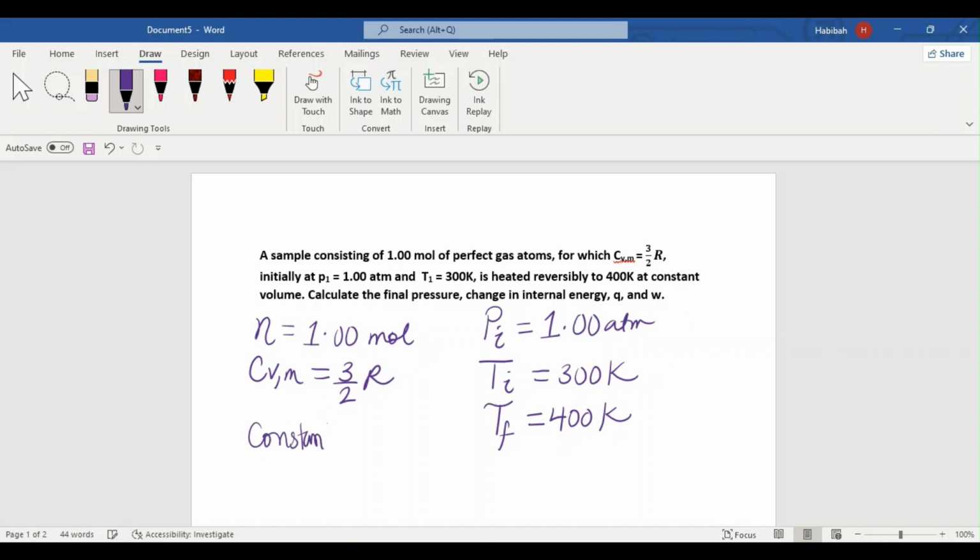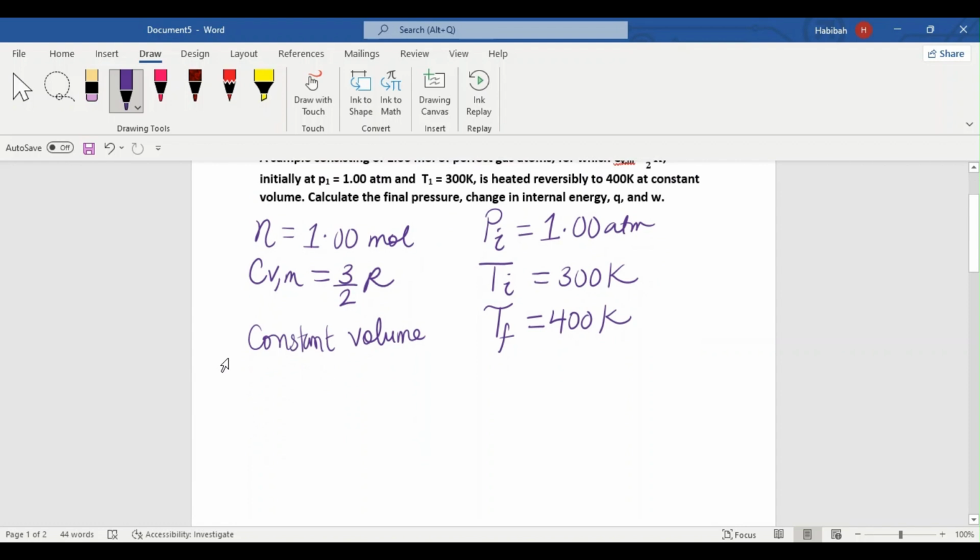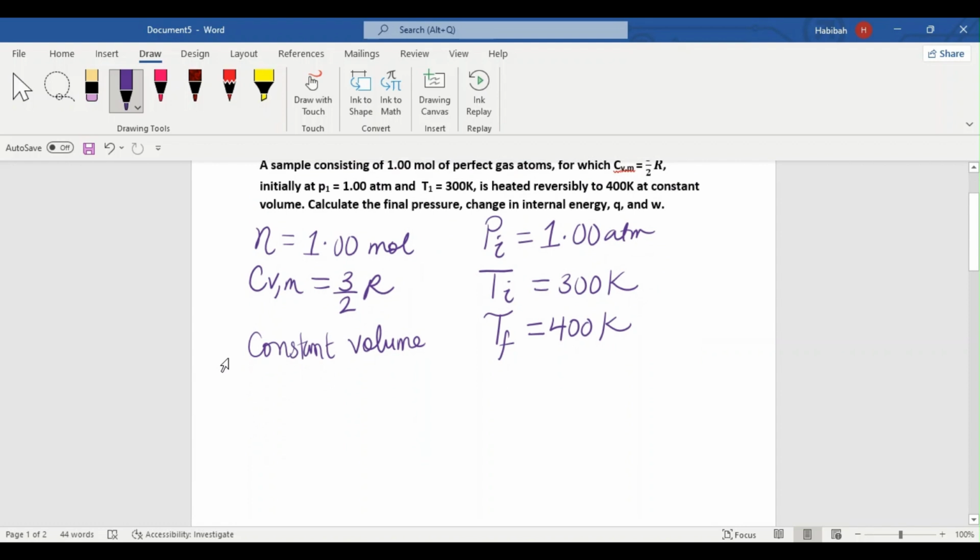We are asked to find the final pressure, but before we do that, we can determine some information from this question.